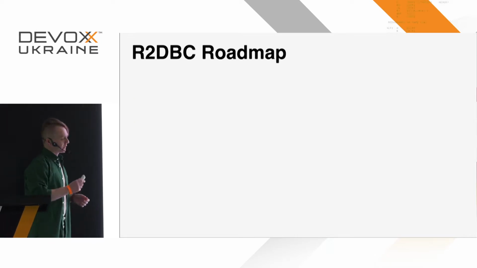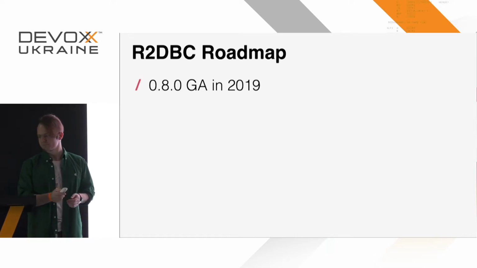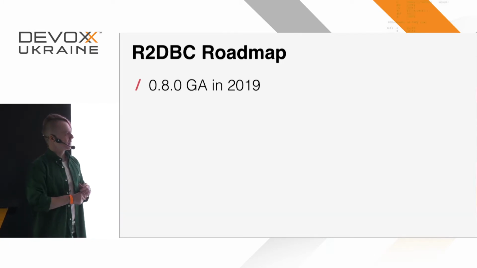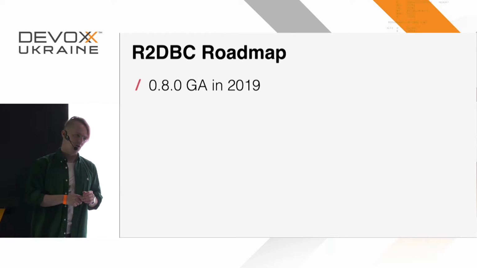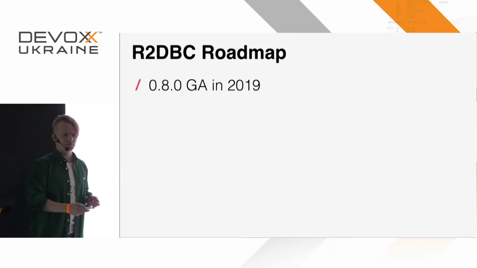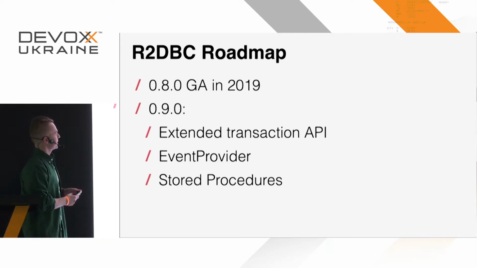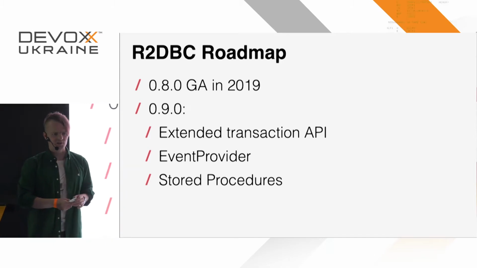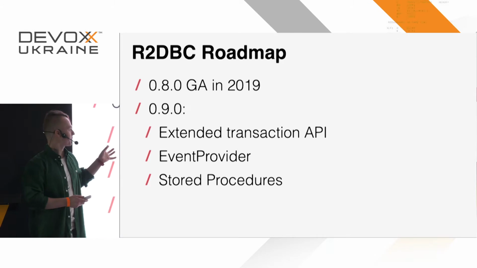Okay. What is the future for R2DBC? It's still in release candidate, but the authors say that they want to release the GA, the release version, by the end of this year. It's not the first version, but it should be pretty good for usage.